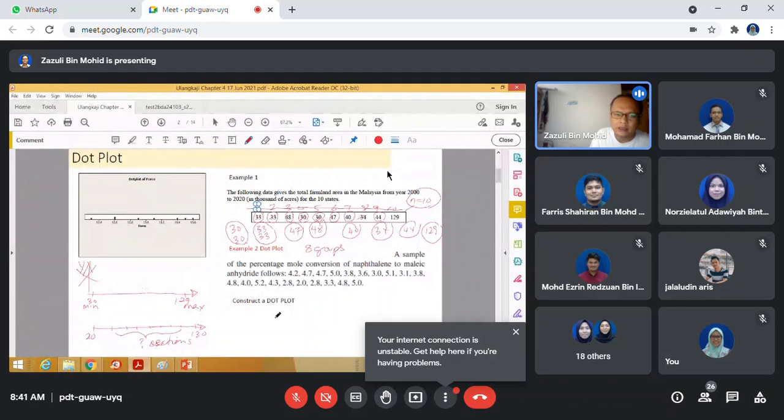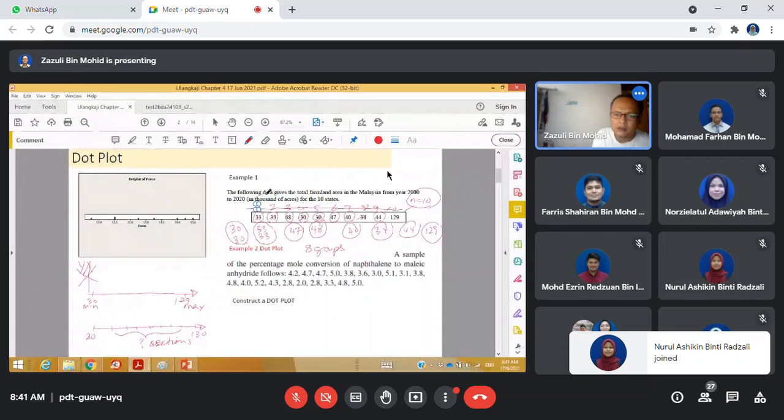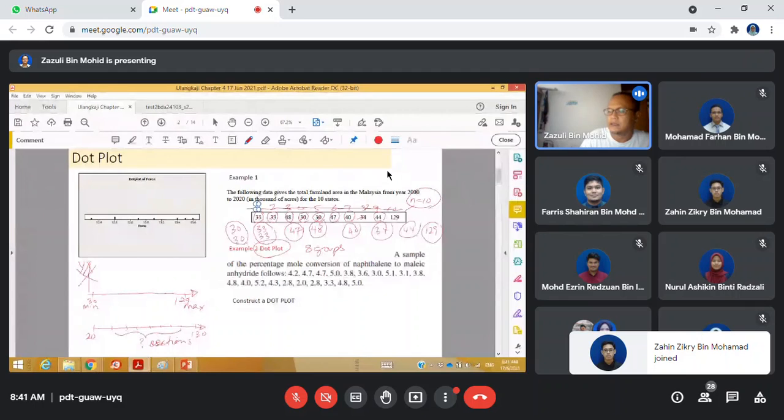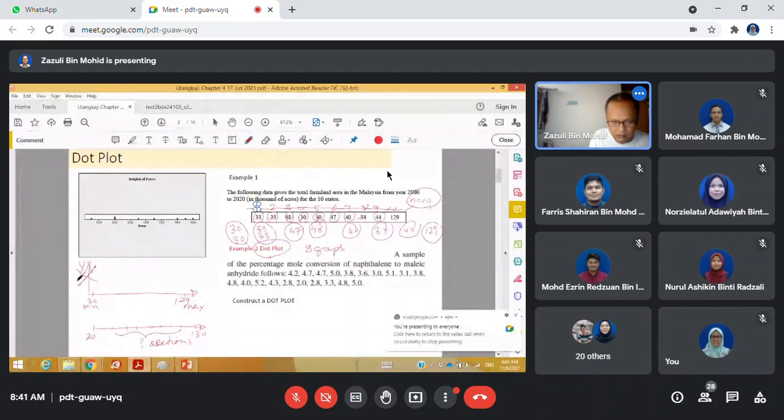Then you do not need y. Don't put a y axis for this plot, for the dot plot. You only need the x axis. You don't need the y. We do not have y in a dot plot. So remember that, because some of you gave the answer like this.